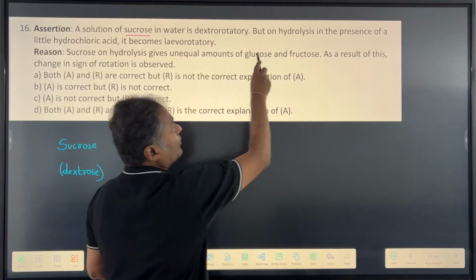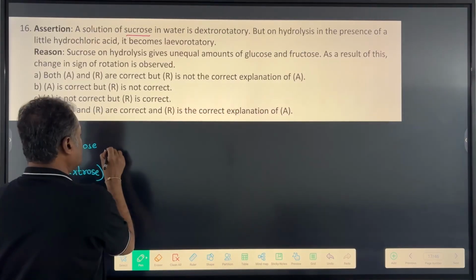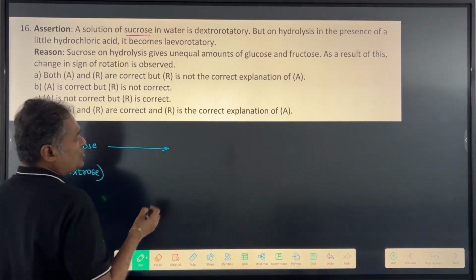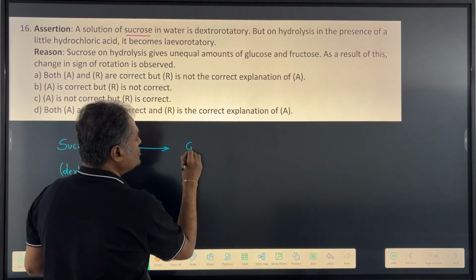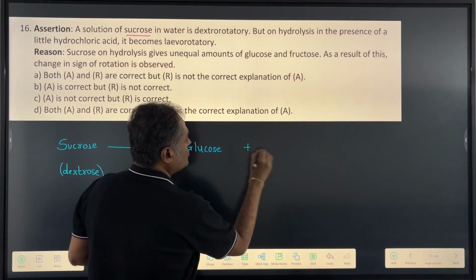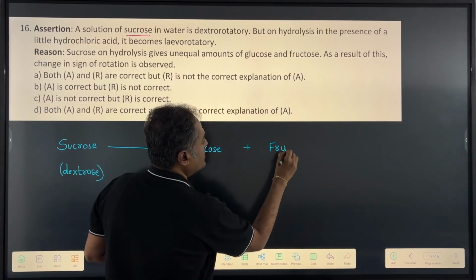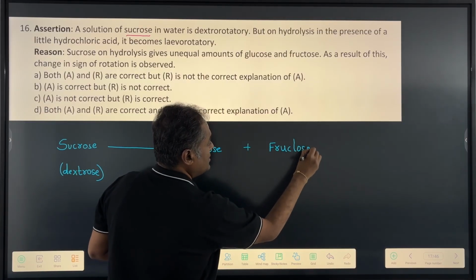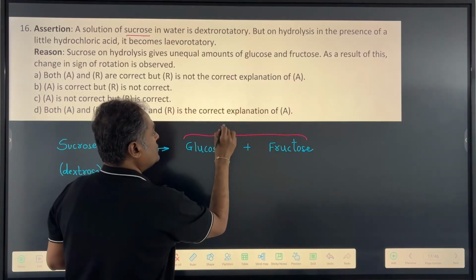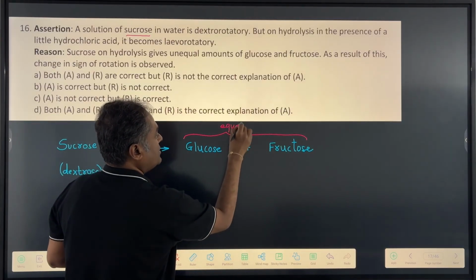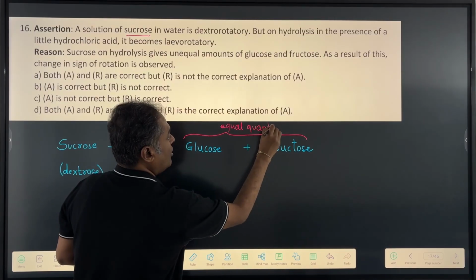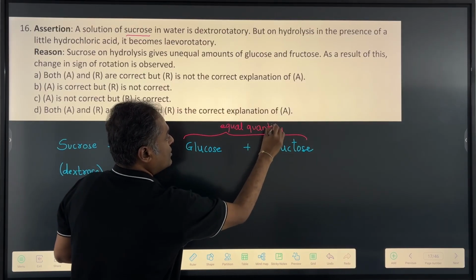Yes, but on hydrolysis it gives you nothing but a glucose unit and a fructose unit. Is it clear? And that is also in equal amount. It gives you equal quantity of glucose and fructose.